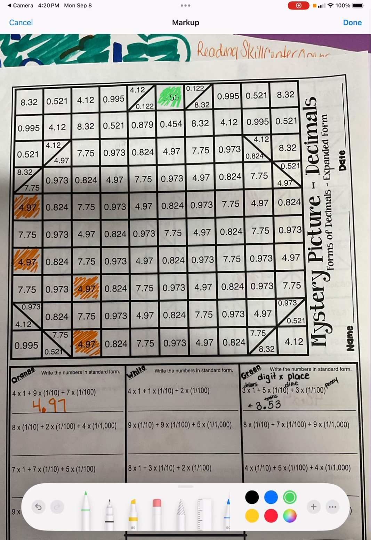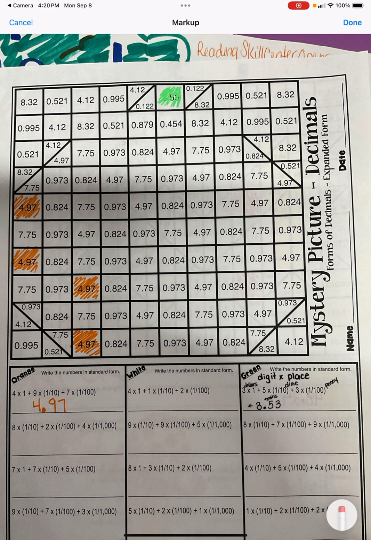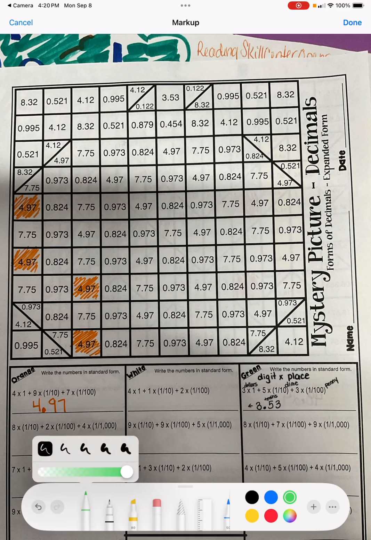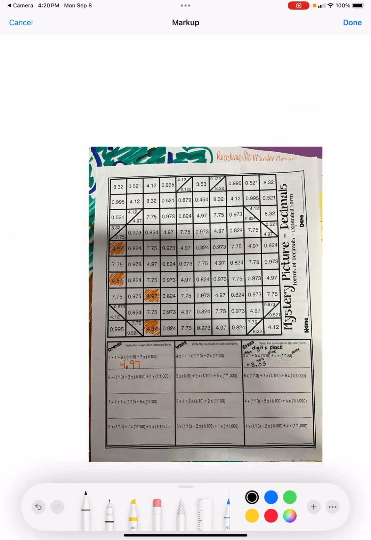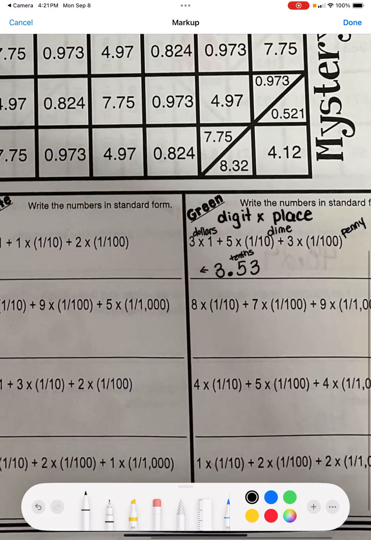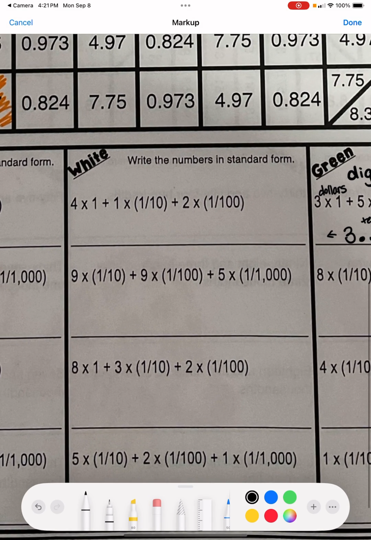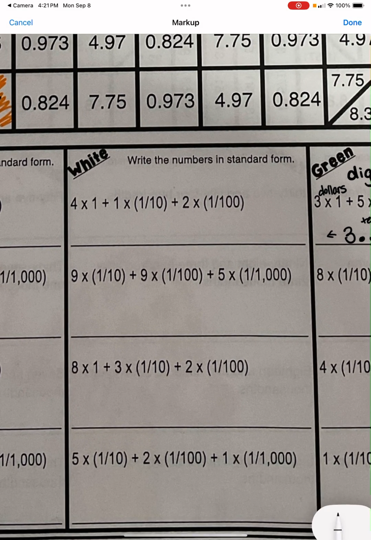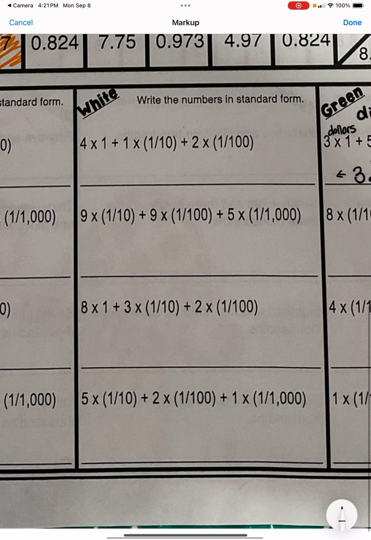So I'll do another one for you so that you can see. So here we have another one. I'm gonna go down here. We have 5 times 1/10. Well, we know that 5 multiplied by 1 gives us 5.